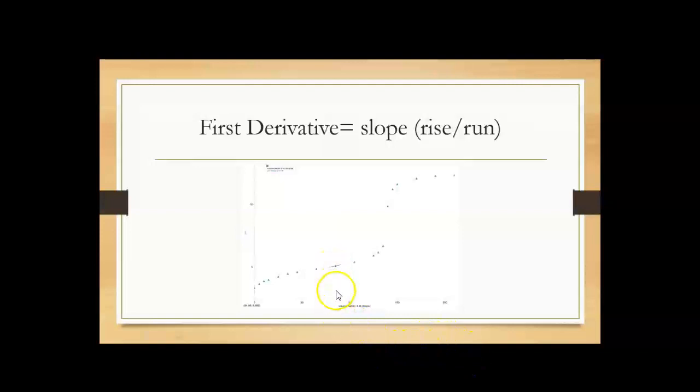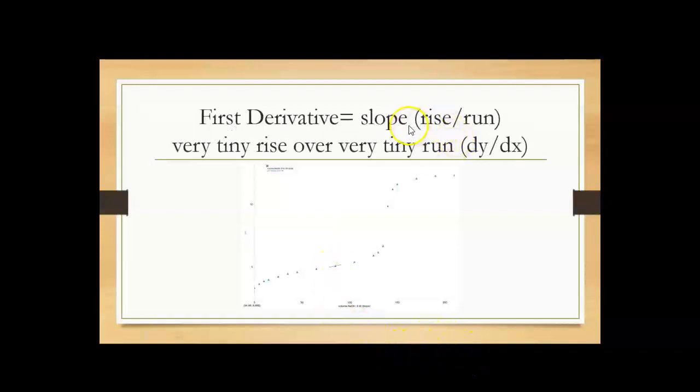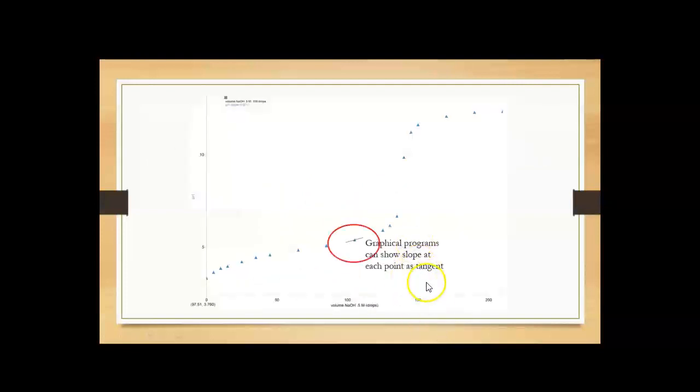The computer has done this. And the slope is here a very tiny rise over a very tiny run, and it is symbolized by this tangent line here. Graphical programs can show the slope at each point as a tangent.